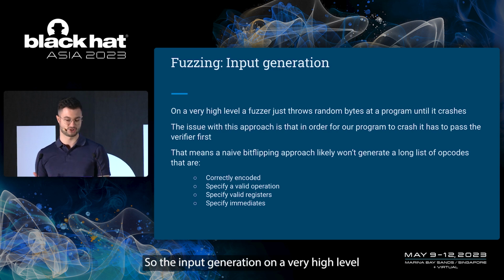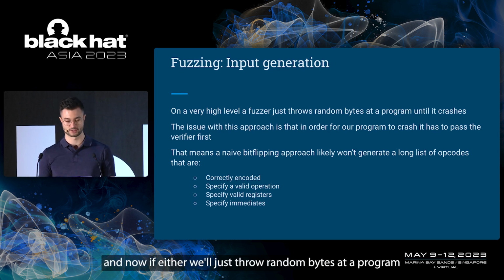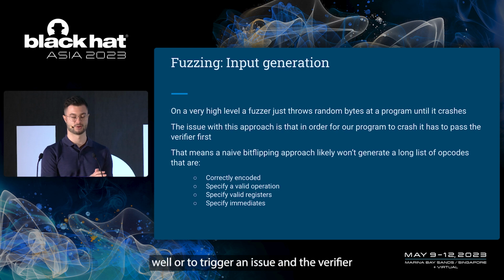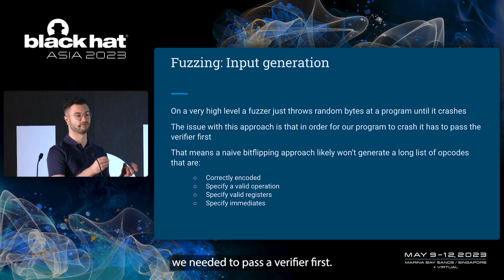So the input generation, on a very high level, a naive fuzzer will just throw random bytes at a program until it crashes. The issue with this approach is that in order to trigger an issue in the verifier, we need to pass the verifier first.